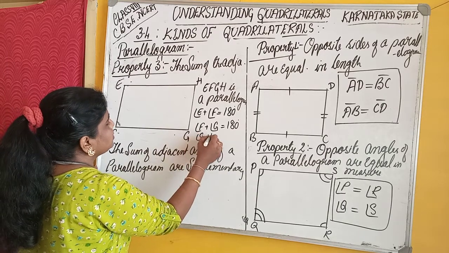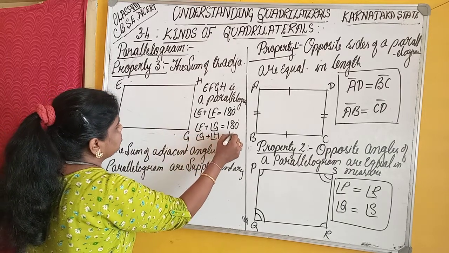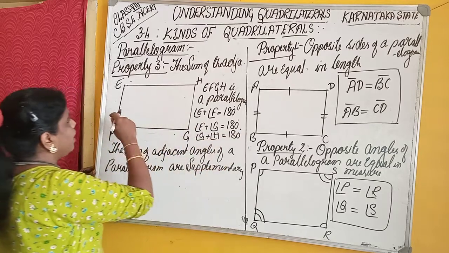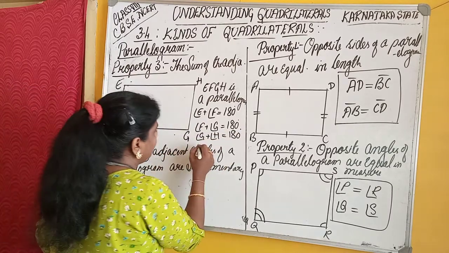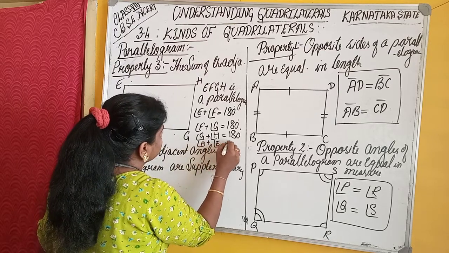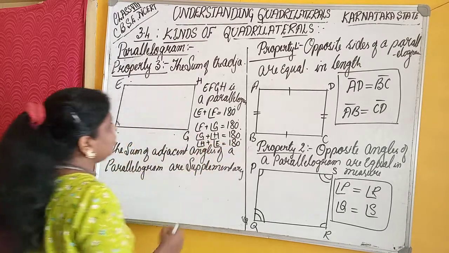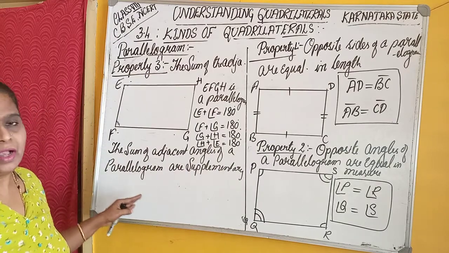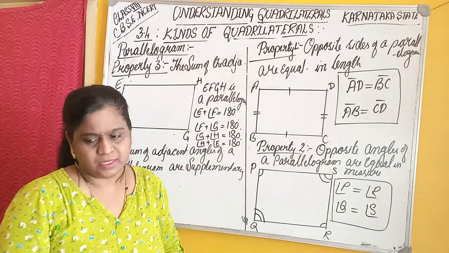Angle G plus angle H is equal to 180 degrees, and angle H plus angle E are adjacent angles, and the sum is also 180 degrees. I hope you understood this.